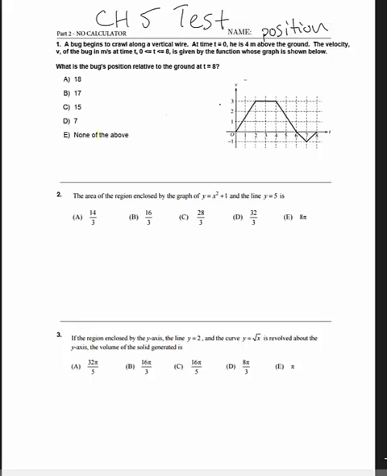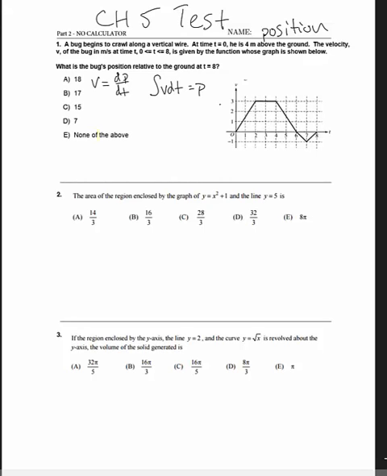So first question was a velocity and position question, and we have to remember here that velocity is equal to the derivative of position, and vice versa, that the integral of velocity is the position.